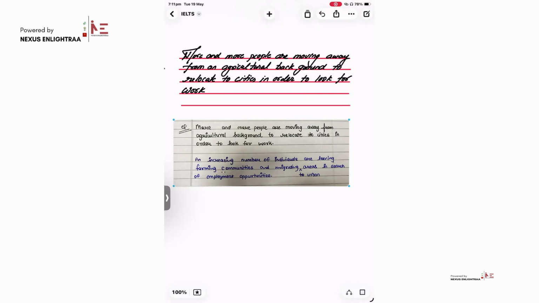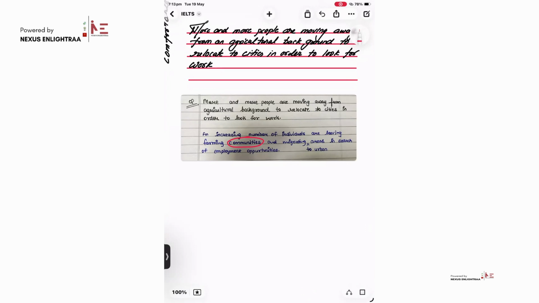Community. Okay, so is communities the same thing as background?